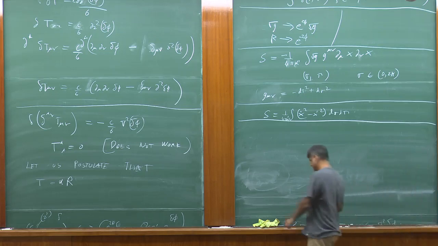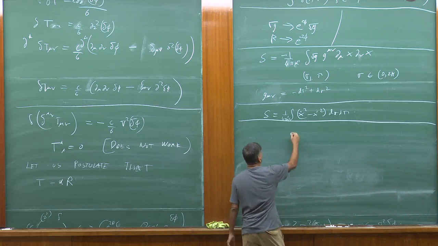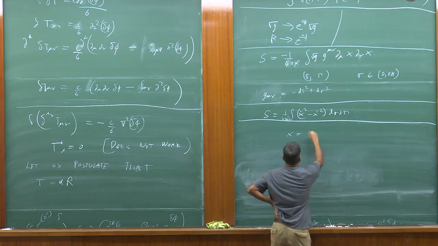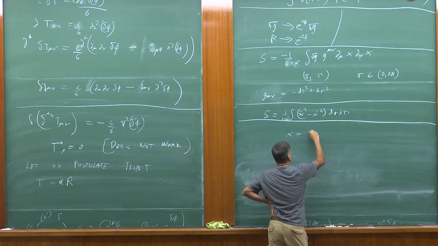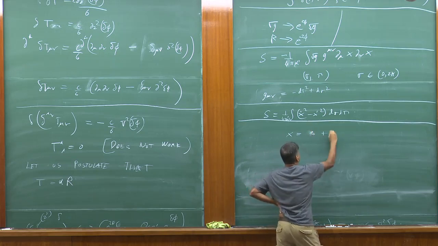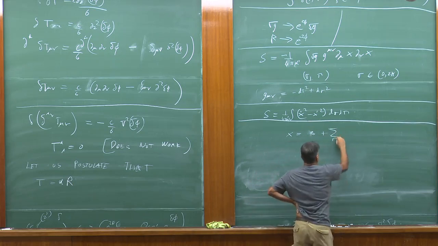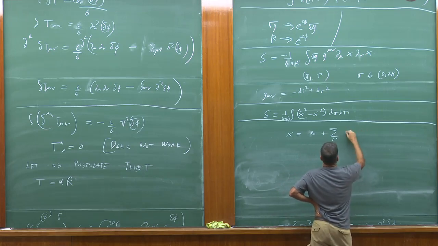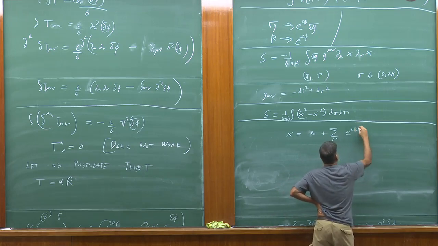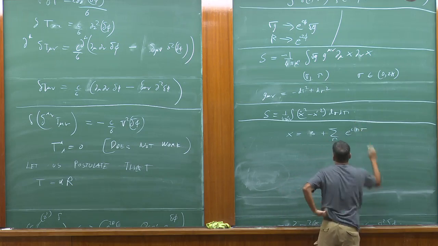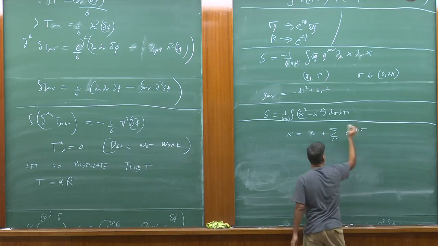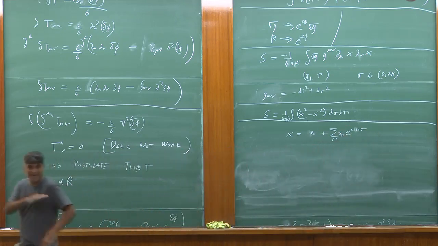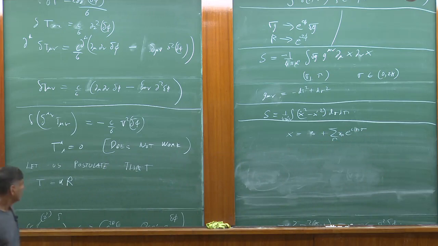Well, clearly we can set x equal to x naught plus sum over n of e to the power i n sigma, and let's call the coefficient x n that comes behind it. On a spatial slice, clearly we can expand it this way.